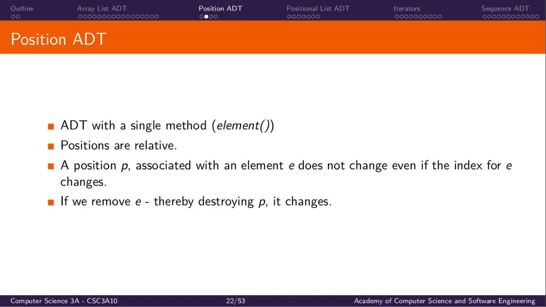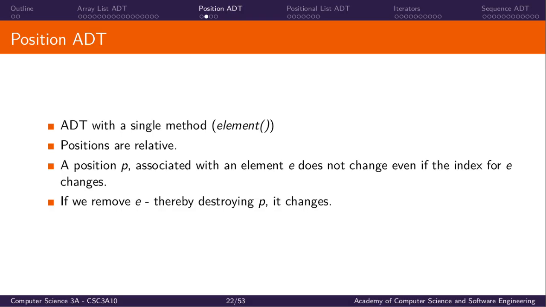And so if the element stored at that position changes, the position itself does not change, right? Its order within the list does not change. And if elements are removed before or after this position in the list, that position again does not change, because it doesn't use an index to retrieve the element stored at that position.